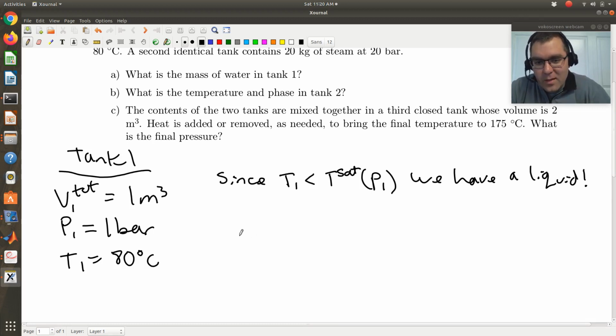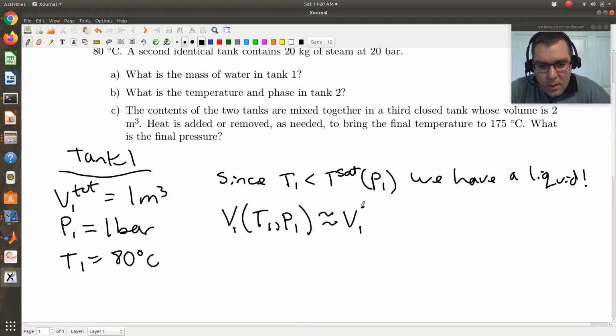And so what I'm going to take that to be is that my specific volume at T1 and P1 is approximately equal to my specific volume at saturation in my liquid phase at the same T1.